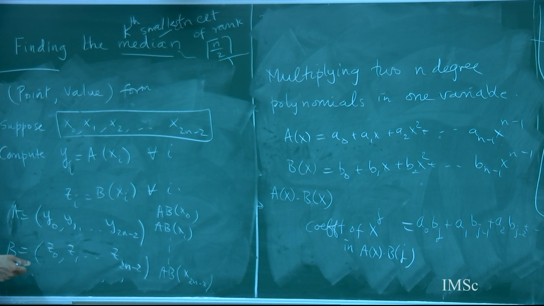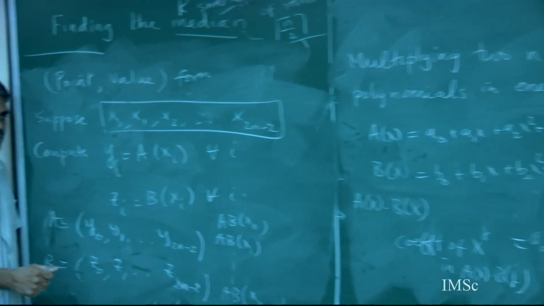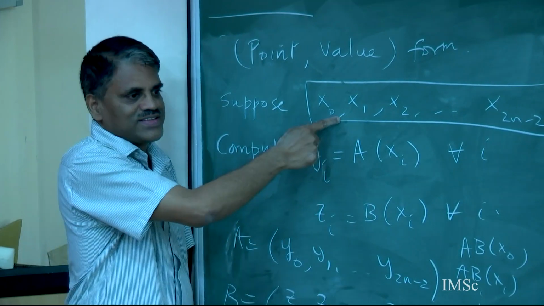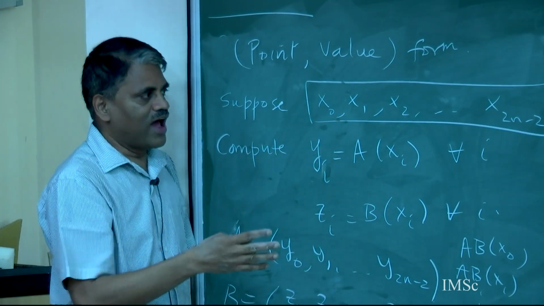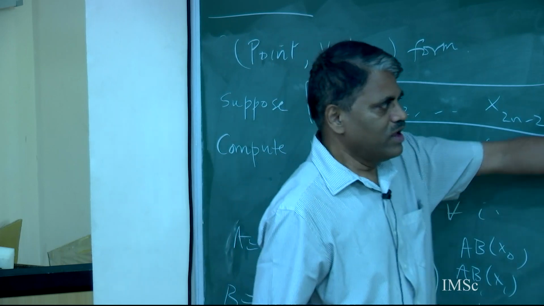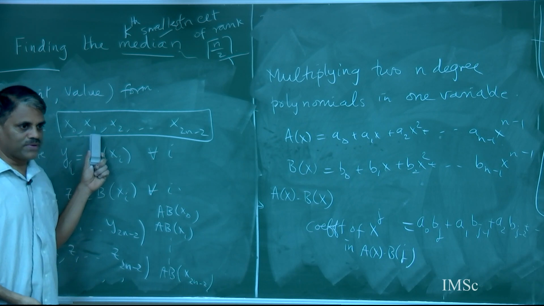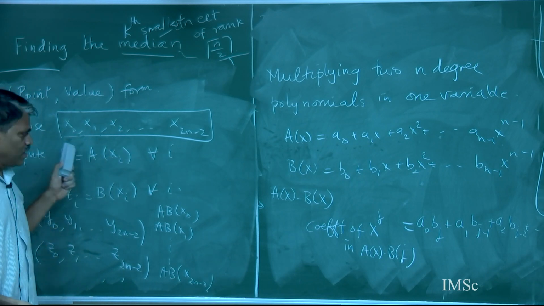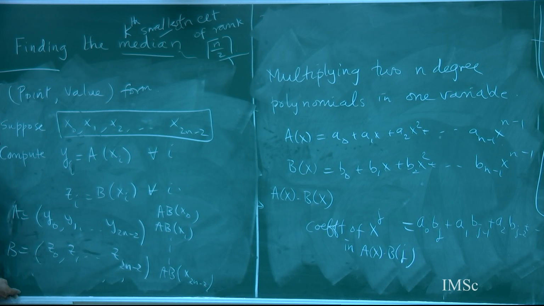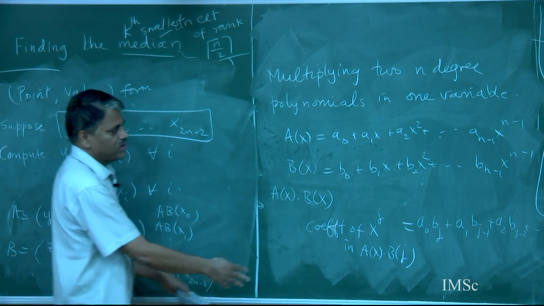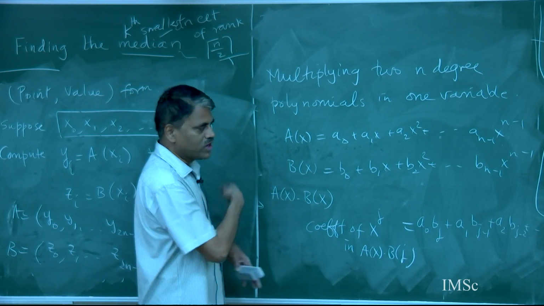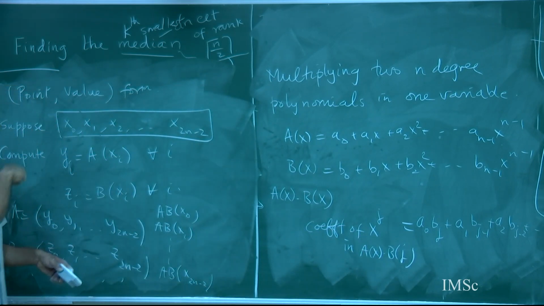And in particular, we will use complex roots of unity as the set of points, and then we will argue that given the coefficient form polynomial, you can evaluate on the complex roots of unity in n log n time. Once you have this, you can compute the product in linear time, and then we can go back and invert to the coefficients in n log n time, as long as this set of points are complex roots of unity. And what is the special property which makes the whole thing work? What kind of divide and conquer algorithm do we get? We'll see all of it.